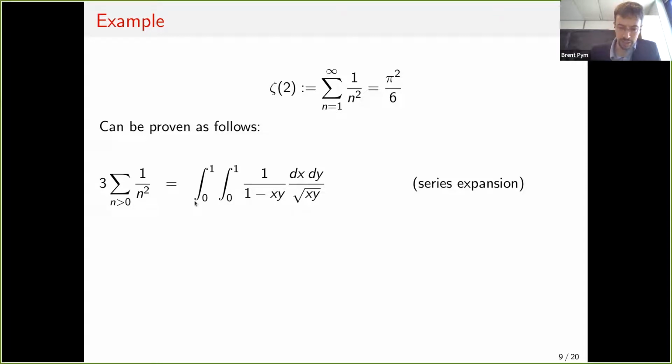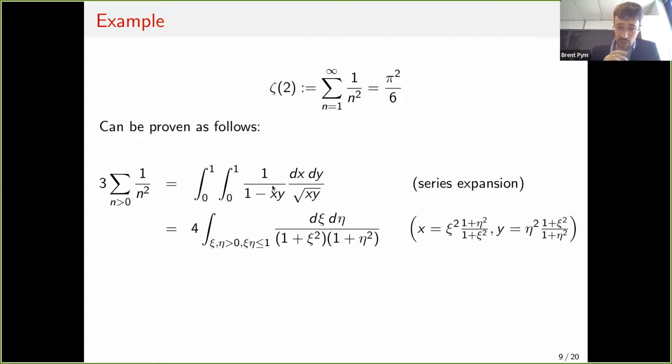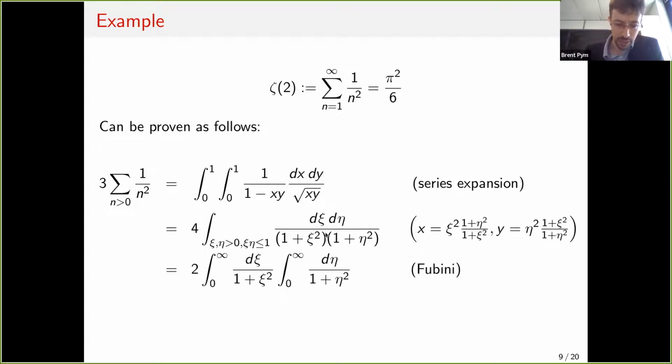And now you can look at this expression and realize that there's a change of variables, which is a rational change of variables. So x is expressed as a rational function of new variables c and eta, and similarly for y. And so you make this change of variables, and now you observe that this is in a form where you can use Fubini's theorem.